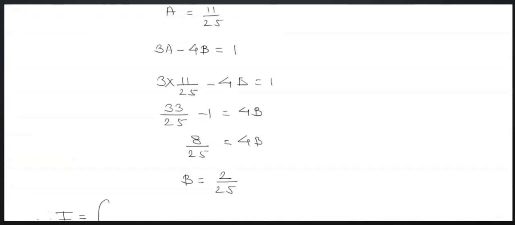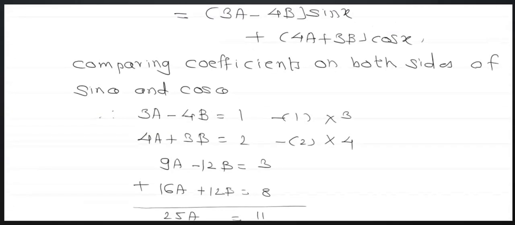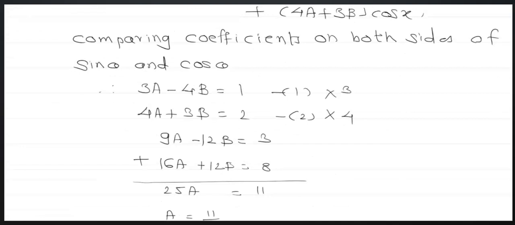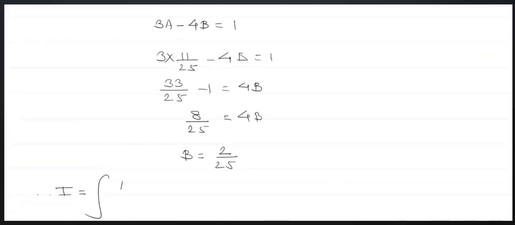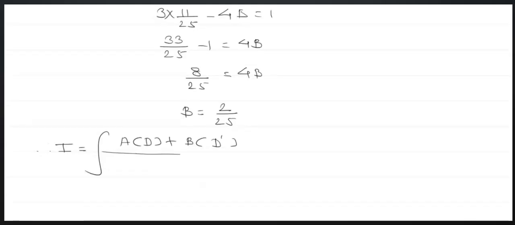Therefore the integral becomes, see this: a into denominator plus b into derivative of the denominator, that is a d plus b d dash, upon denominator, dx.